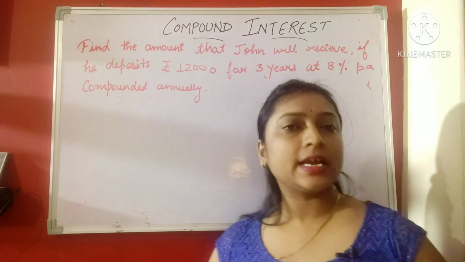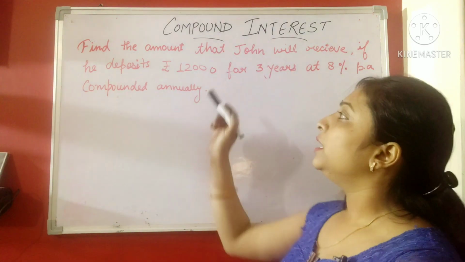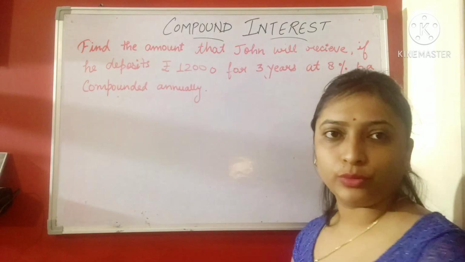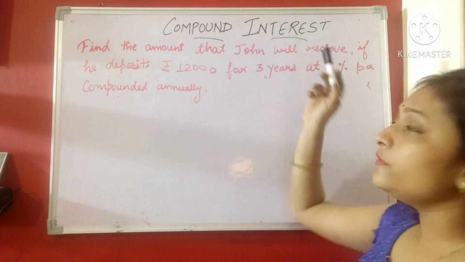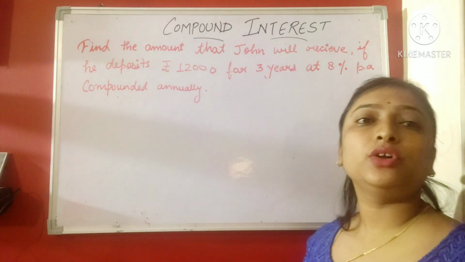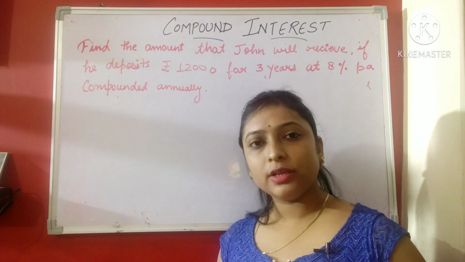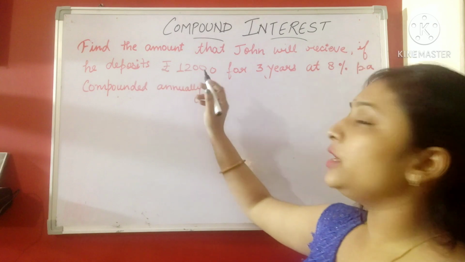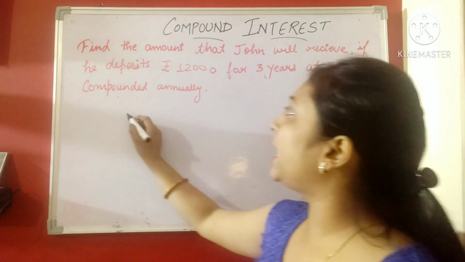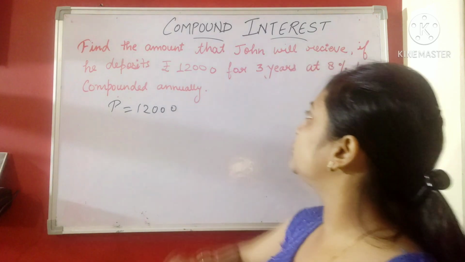Now let us understand when we have to use the formula for compound interest, right? Now find the amount that John will receive if he deposits rupees 12,000. The initial money is always called the principal. The initial money on which the rate will be applied is 12,000, which becomes the principal for the question.